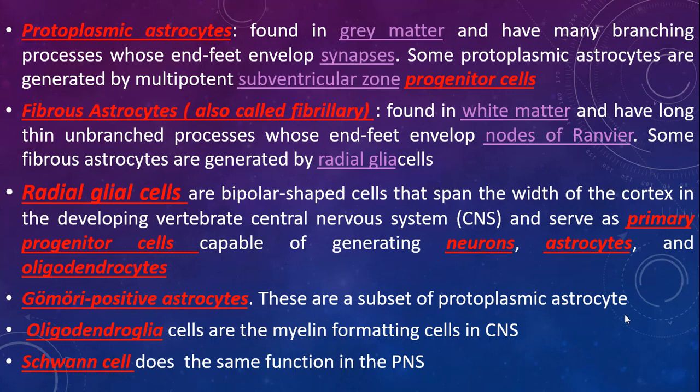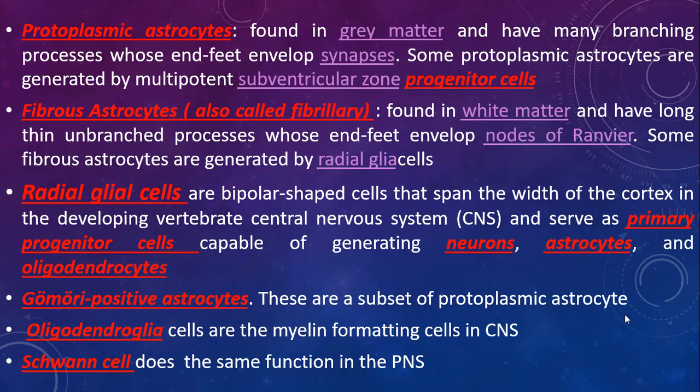Radial glial cells are bipolar-shaped cells that span the width of the cortex in the developing vertebrate central nervous system and serve as primary progenitor cells capable of generating neurons, astrocytes, and oligodendrocytes, all types of nervous system cells.